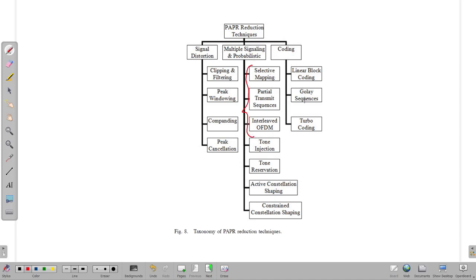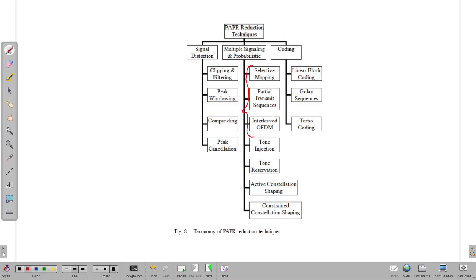One of the disadvantages in each of these circuits is that they need side information to be sent along with the OFDM signal with the lowest PAPR. A side information which gives the information about which phase factor is selected, which sequence of phase is selected, or which interleaver is selected.